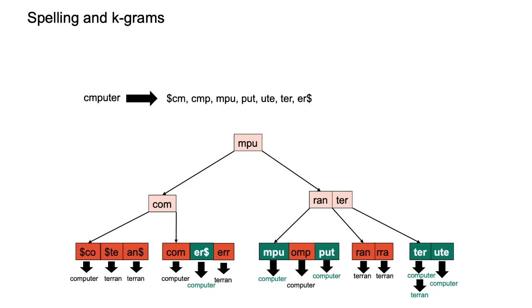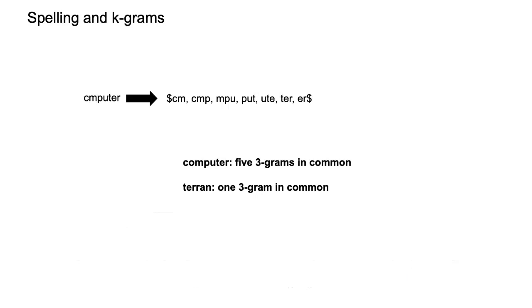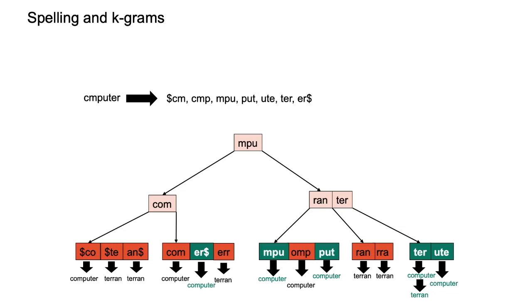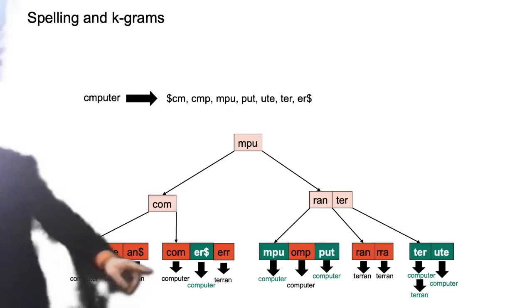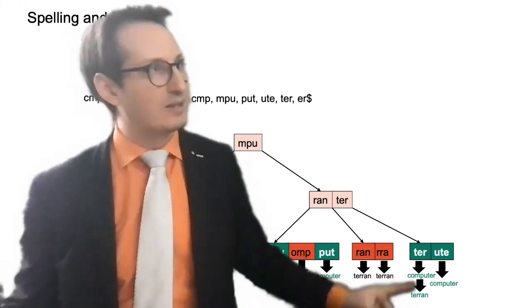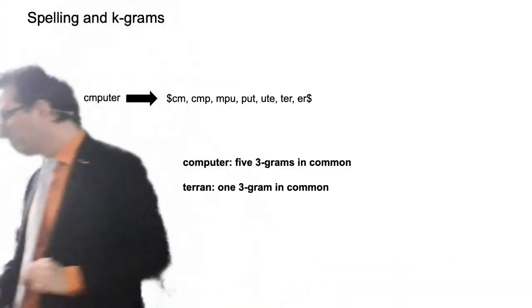So it seems to be computer in that case, because it's 1, 2, 3, 4, 5 times, right? So computer has 5 3-grams in common. Terran has one only, TER. So if you have to choose between computer and Terran, then you will choose computer, right?